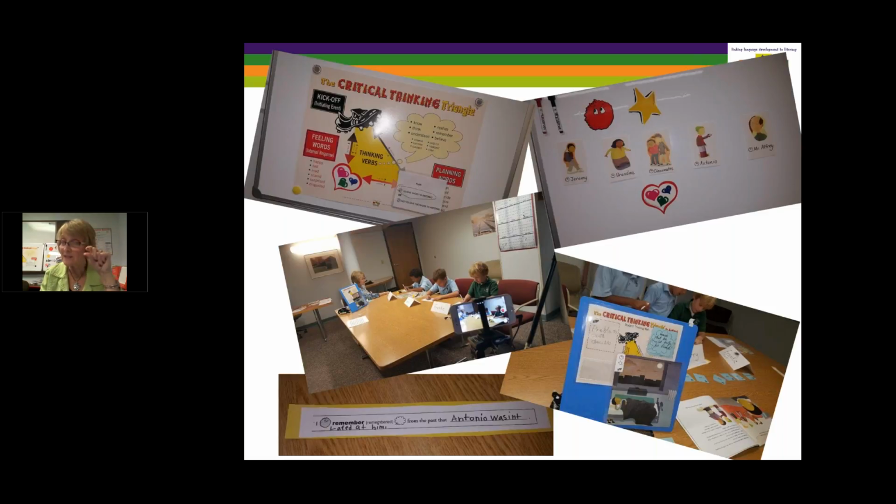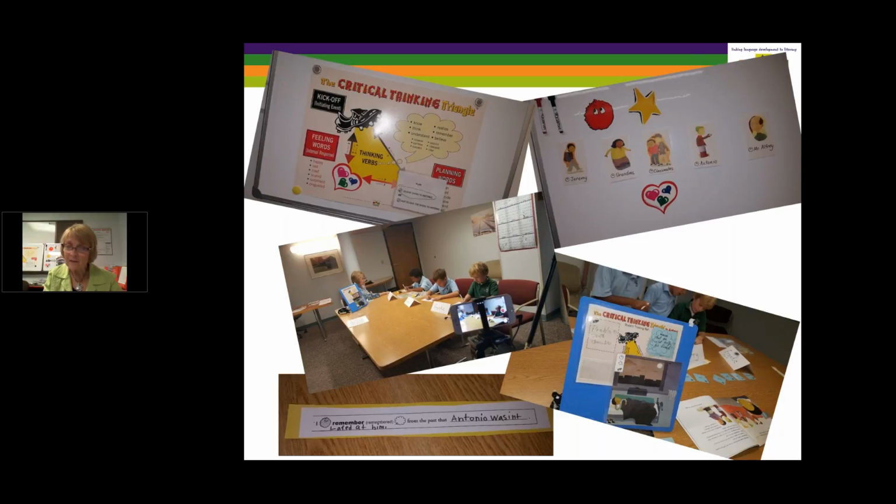Some of the little activities I did are included in your handout. And then at the bottom right is the critical thinking triangle student thinking map, which is part of our new tool, with pouches to put ideas in for feelings and mental states. That is there on the board.